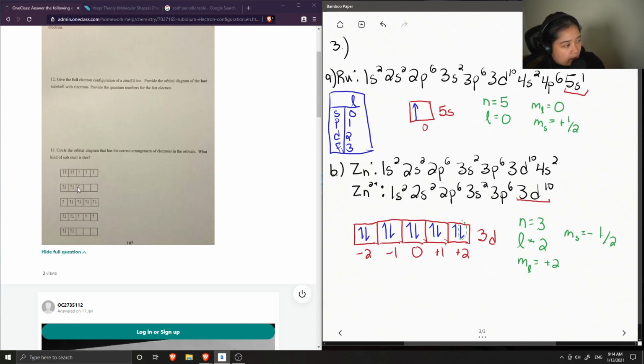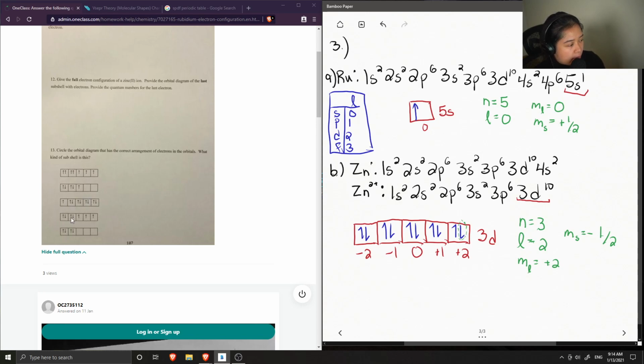And the second option, they started to fill in electrons going down, even though the whole subshell wasn't filled with electrons spinning up yet. So the second option's wrong. And the third option, everything is filled except for one of the first boxes. It doesn't have an electron spinning down, so that's why this one is incorrect as well.